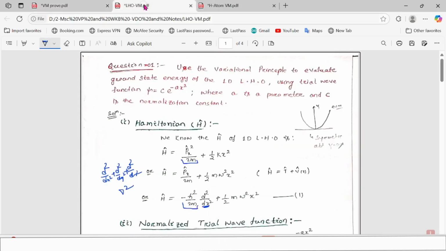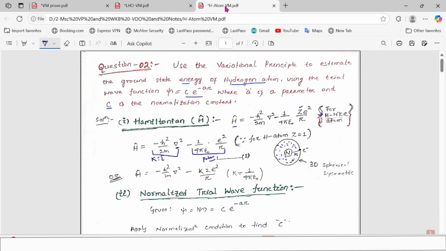Next, the second part is the potential energy part. Here the potential energy is between the nuclear charge and this electron. Suppose we consider hydrogen like atoms, like helium plus or lithium plus. Helium plus means helium lost 1 electron, and lithium plus means lithium lost 2 electrons.